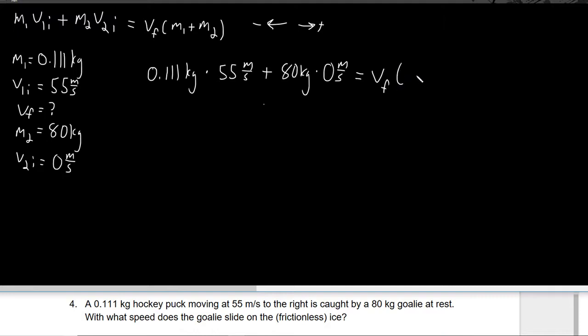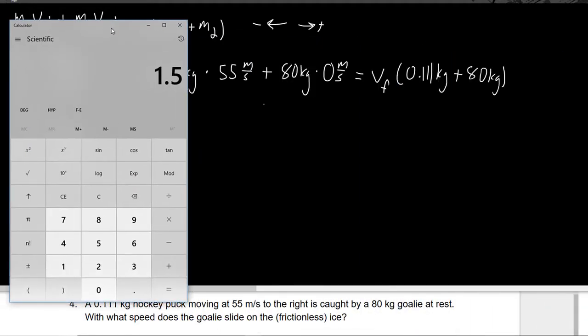And we have the mass of object 1, which is 0.111 kilograms, plus the mass of the goalie, which we said was 80 kilograms. Some easy math here. 80 times 0 is 0. So let's take care of 0.111 times 55.